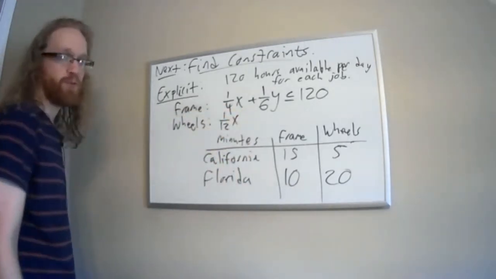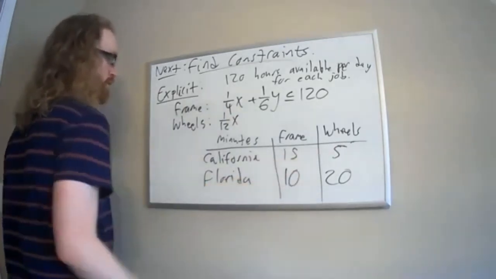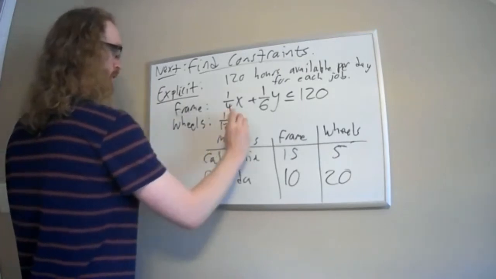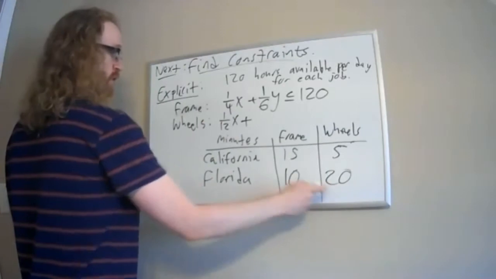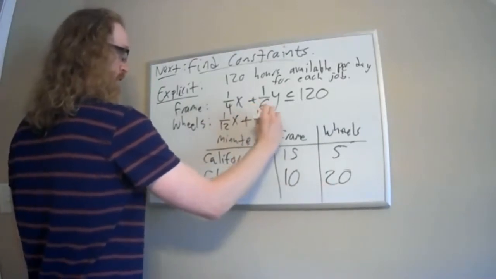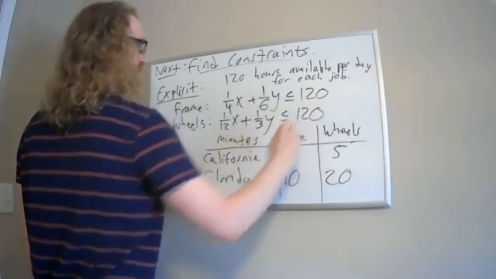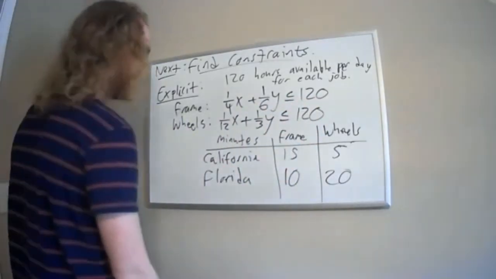If you prefer decimals, you might write these as decimals instead, but I'm going to stick with fractions. So this is 1/12 of an hour for each California, so 1/12 x plus 20 minutes for a Florida. 20 minutes, that's 1/3 of an hour. So 1/3 y. And then again, this is less than or equal to 120 because I only have 120 hours in a day for each job.